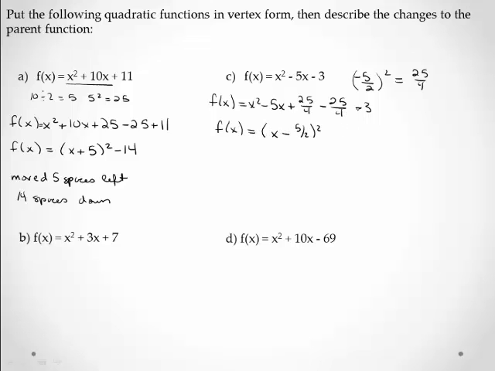And here I need to turn this 3 into fourths. So I have 25/4 minus 12/4. So it's going to give me -37/4. So I will have moved 5 half spaces to the right and down 37/4 spaces.